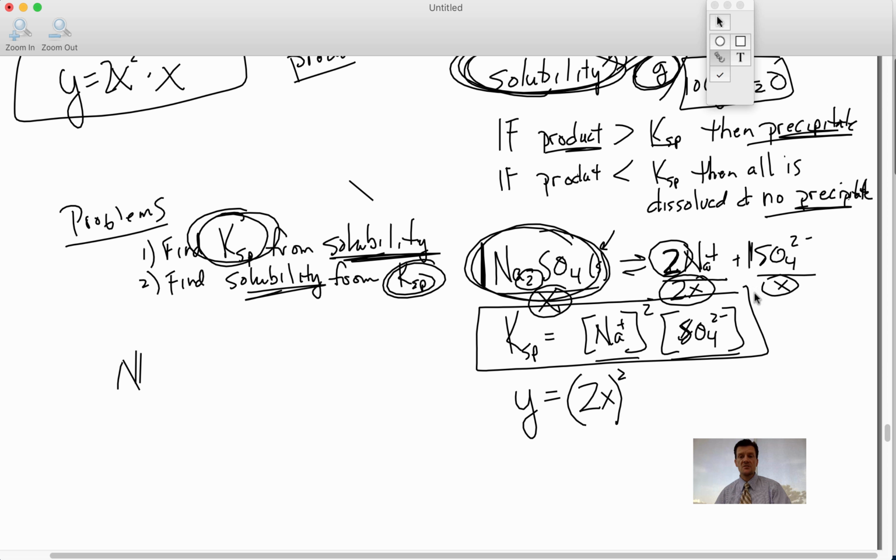And then the concentration of the sulfate is just the X. So you can see how this equation becomes just a 2-variable equation. Even though we've got 3 things up here, it becomes a 2-variable equation. And like I said, either you're going to be given this X, and then find the Y, or you're going to be given the Y and have to find the X. Okay?